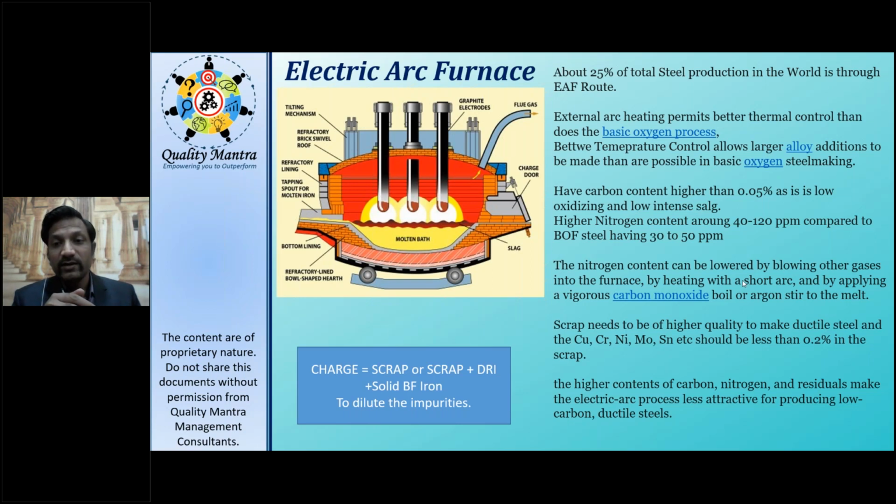And nitrogen causes nitrogen embrittlement. So during subsequent operations like drawing or some twisting operation, the steel becomes embrittled, means there are chances that under static load or under dynamic loading, the wire or the component may break.